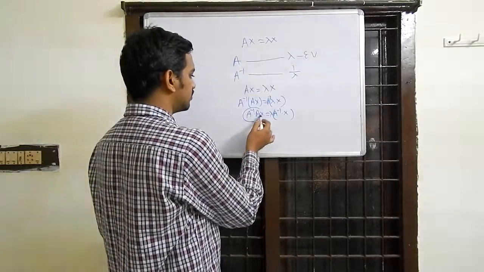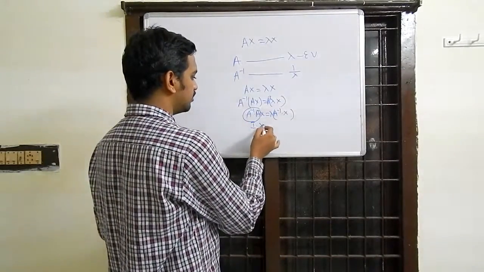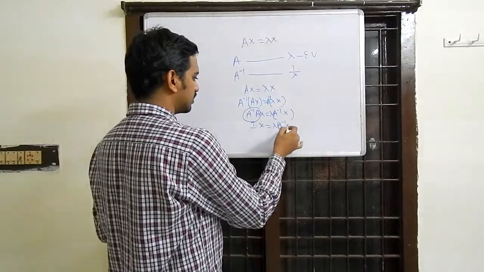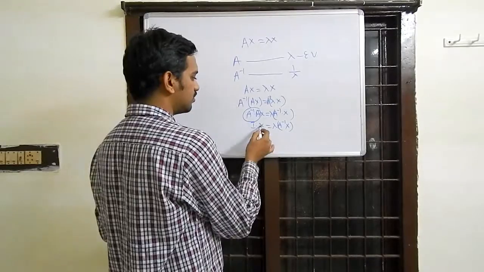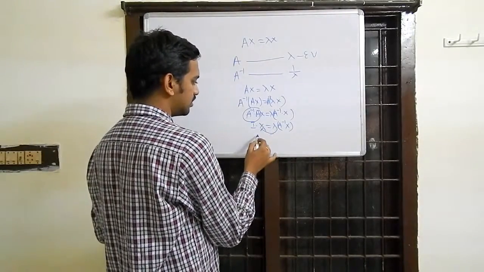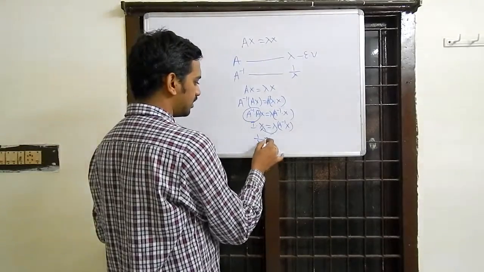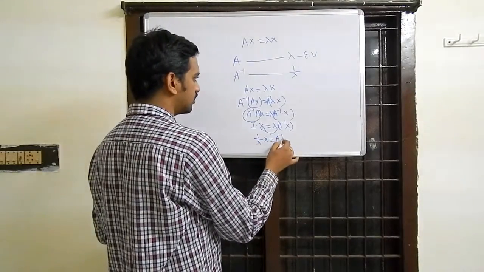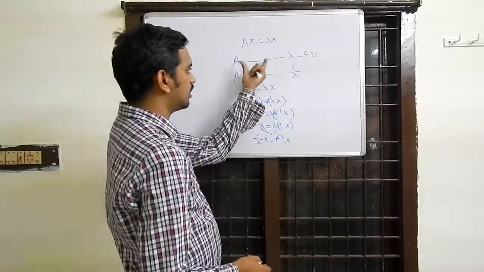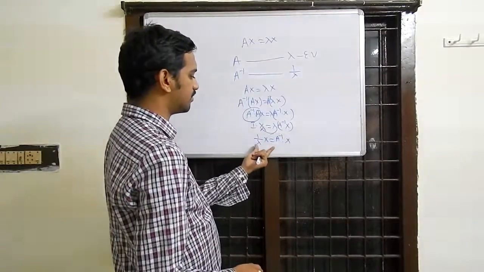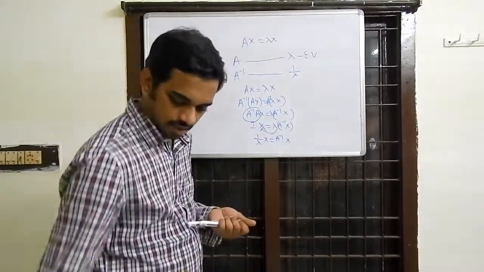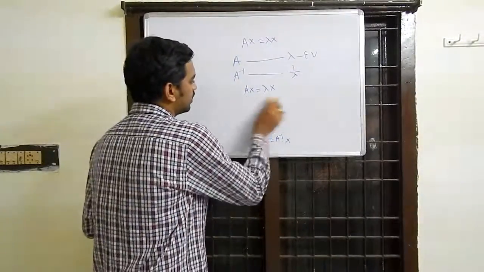What is A inverse A? This is the identity matrix. Identity times x is equal to lambda A inverse x. So this is simply x. I am pushing this lambda to this side, that is 1 by lambda x is equal to A inverse x. So now I am saying that for A it is lambda, and for A inverse it is 1 by lambda.